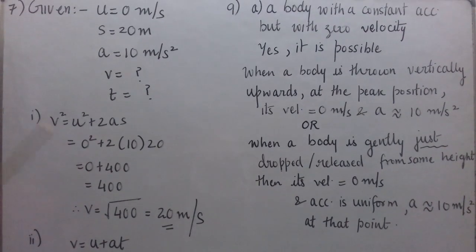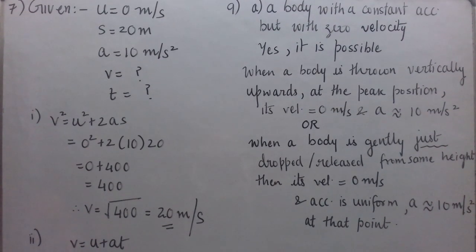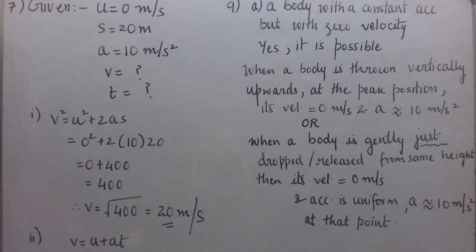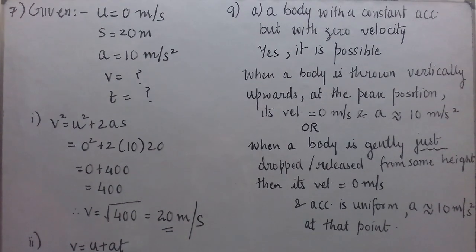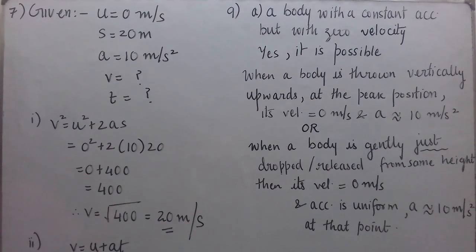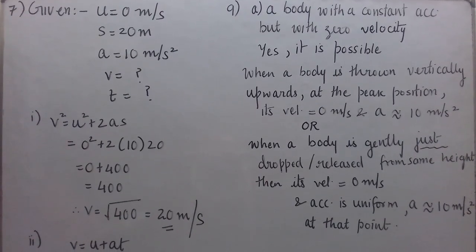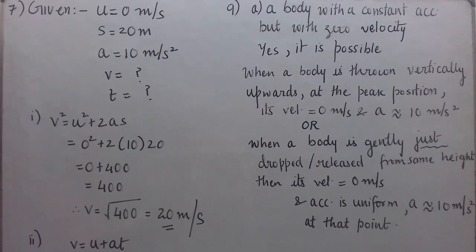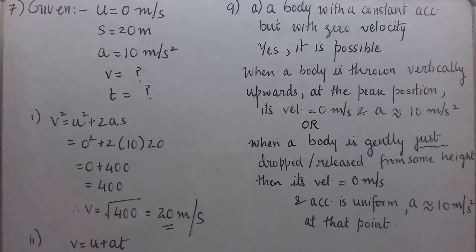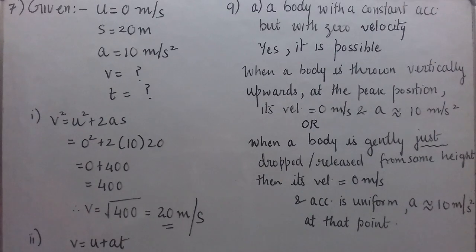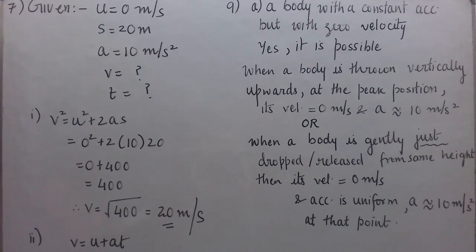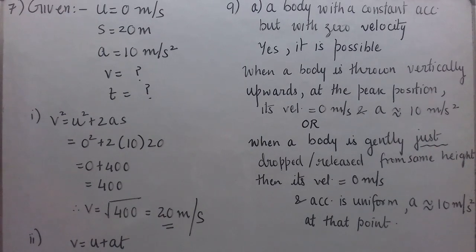Now the 8th we have done in our previous video, that was based on a graph. 9th question, I'll read it now. State which of the following situations are possible and give an example for each of these. A part, a body with a constant acceleration but with 0 velocity, and B part, an object moving in a certain direction with an acceleration in the perpendicular direction.